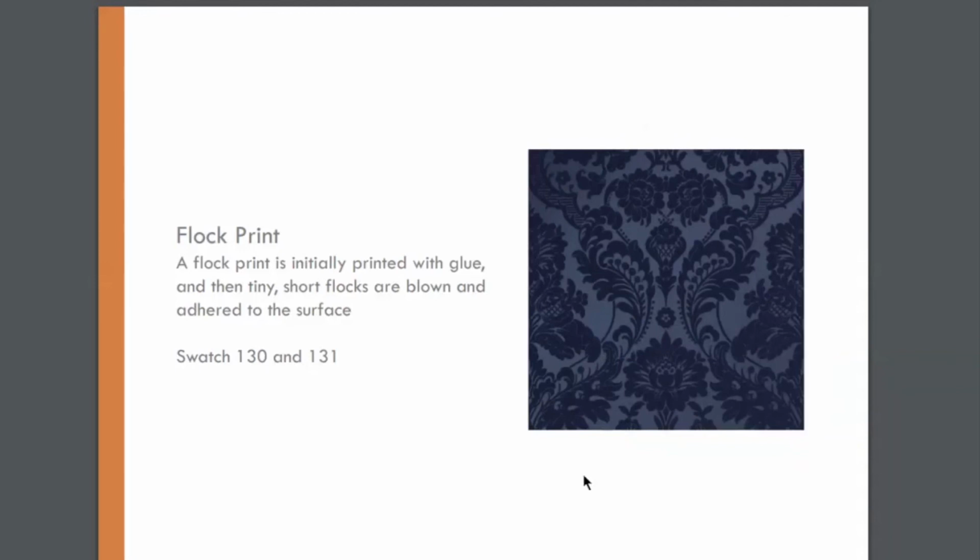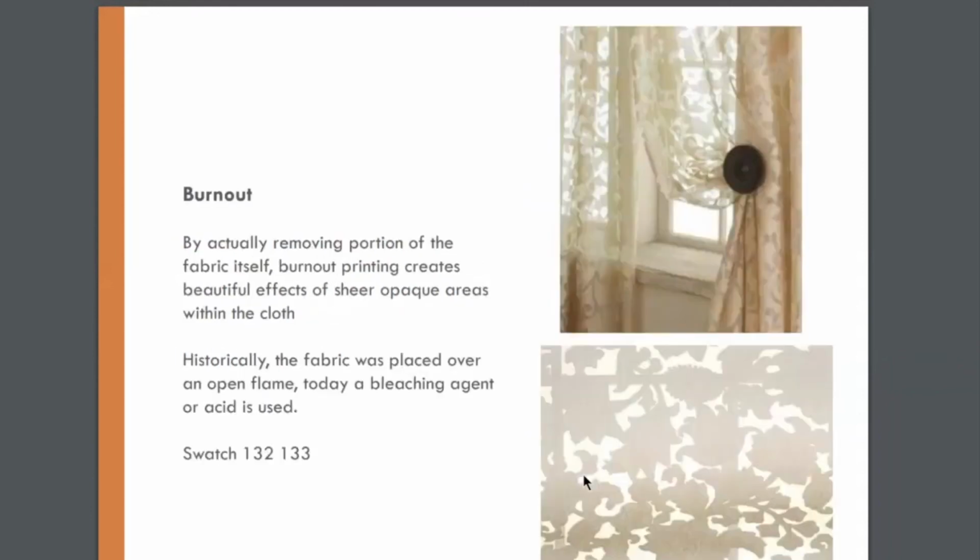That's swatch number 130, and in swatch number 131, you have these little Swiss dots, and the same thing: little dots of glue were placed onto that sheer, and then those short flocks or fibers were adhered to the surface.